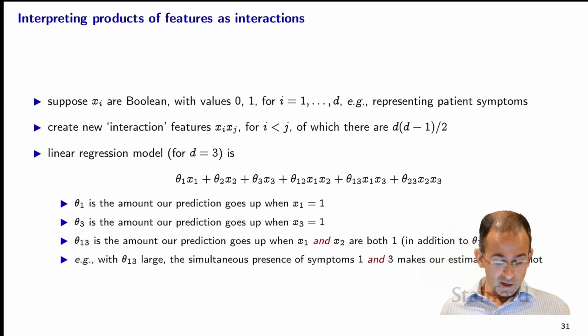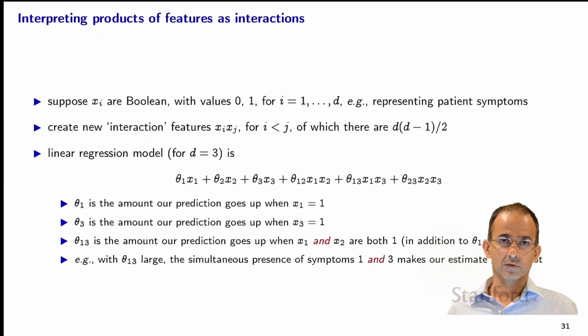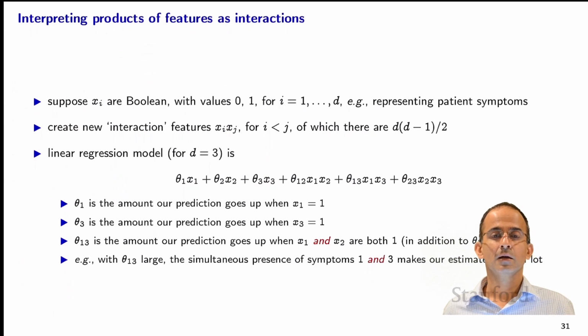Then if we do linear regression, say when d is 3, we're going to get an expression which looks like theta 1 x1 plus theta 2 x2 plus theta 3 x3 plus theta 12 x1 x2 plus theta 13 x1 x3 plus theta 23 x2 x3. That would be the form of a linear predictor with those new features.